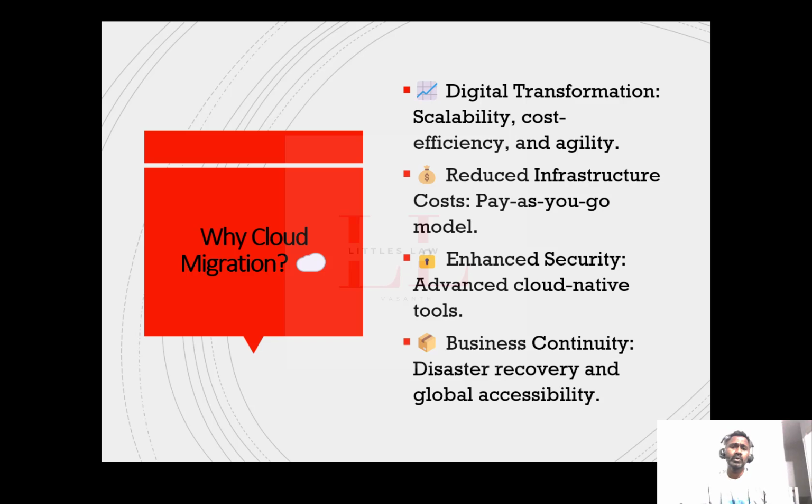So just to give you an idea of what infrastructure changes happen, we have to understand this right before we even do the performance testing. What are the items that will be removed in on-prem infrastructure? When you're migrating from on-prem to cloud, the business replaces the outdated physical infrastructure. They remove the physical hardware, the dedicated servers, where you had racks of physical machines in a data center.